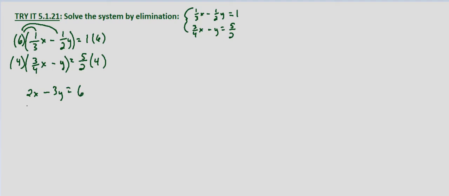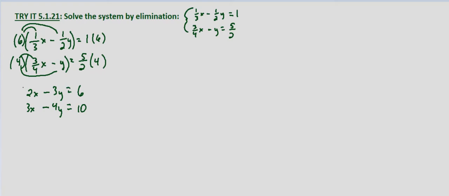And then 4 times 3/4 is 3x, minus 4 times y is 4y, equals 5/2 times 4, that equals 10. You could do this as 4 times 5 is 20 divided by 2 is 10, or 4 divided by 2 is 2 times 5 is 10.